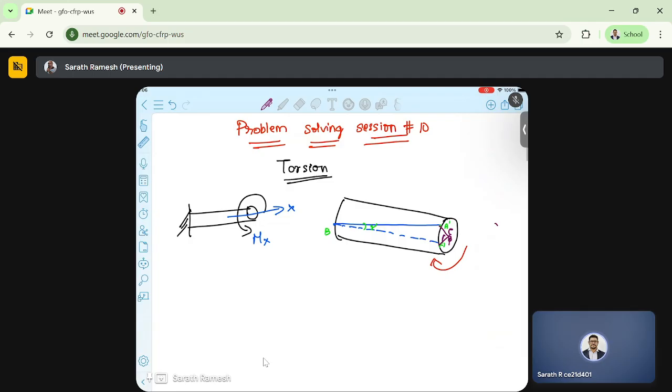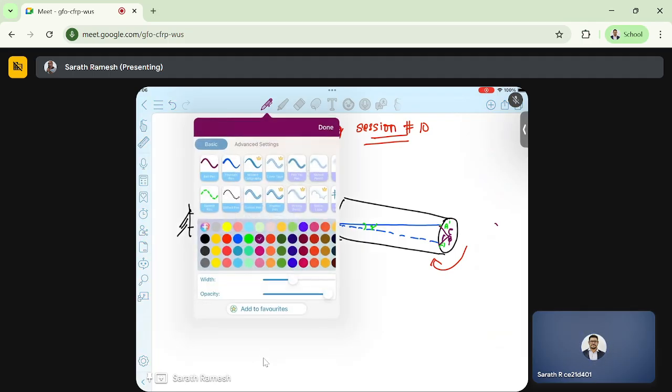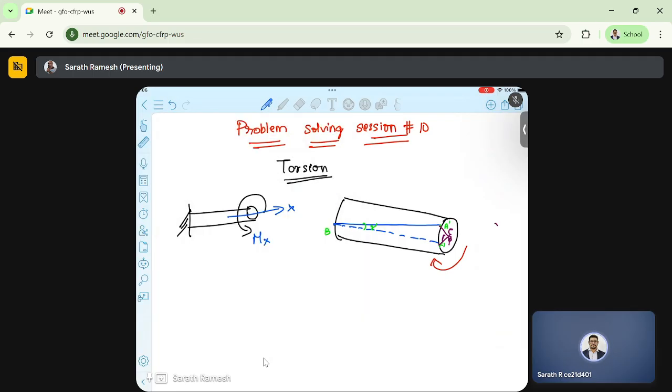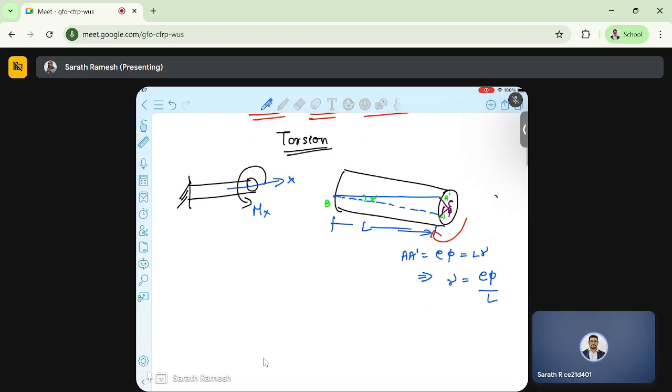Now I'm just showing the quick derivation. A dash is nothing but rho times phi. The same A dash can be written using the length of the member and the shear strain, so we can also write L gamma. From this we get the shear strain to be rho phi by L, right? So this is shear strain.